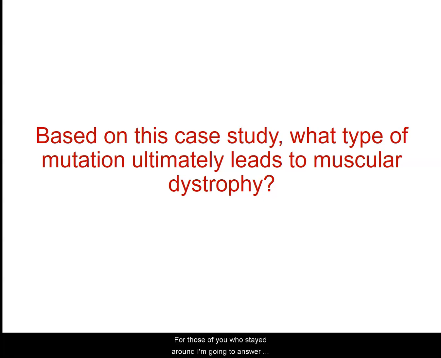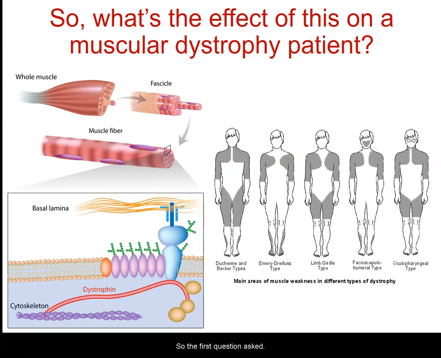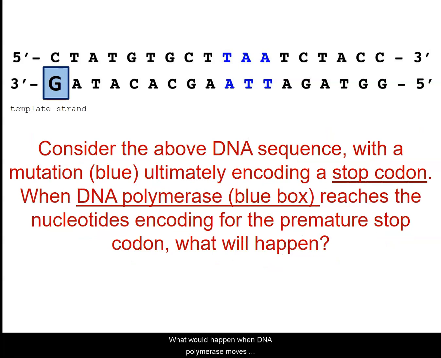For those of you who stayed around, I'm going to answer the questions for you now. So the first question asked, what would happen when DNA polymerase moves along here? Remember several things about a polymerase. It reads one letter at a time.